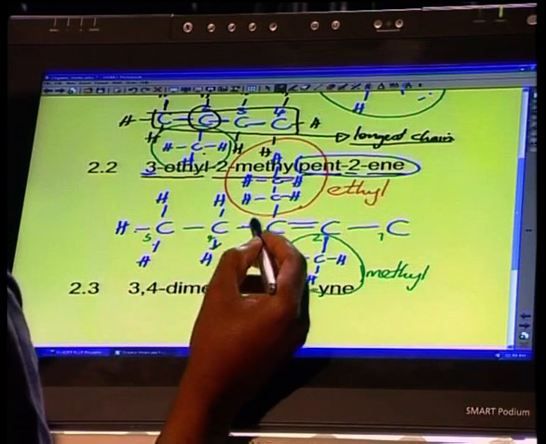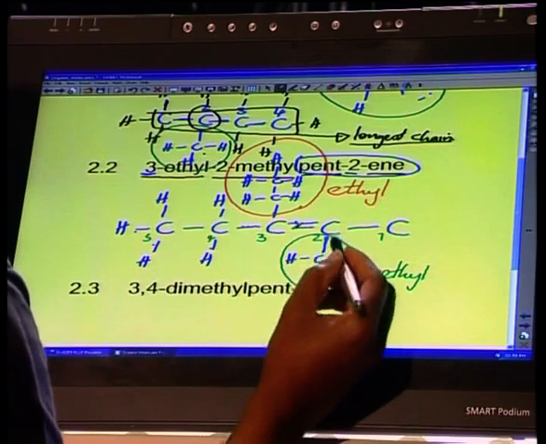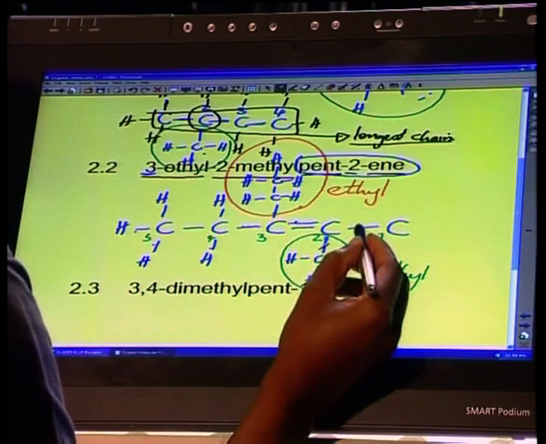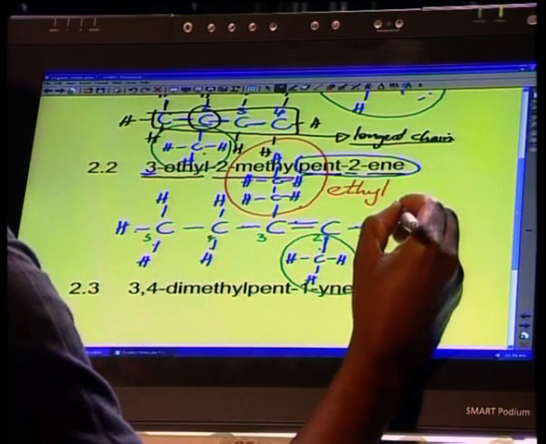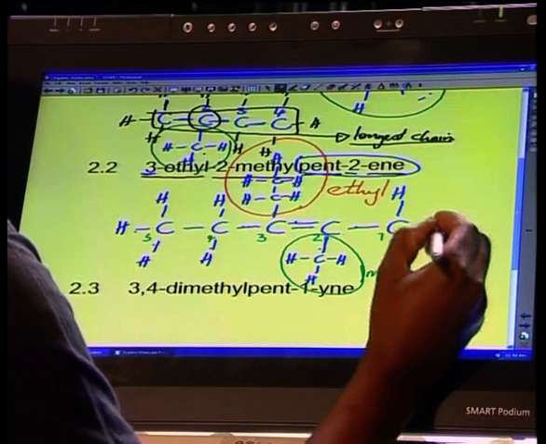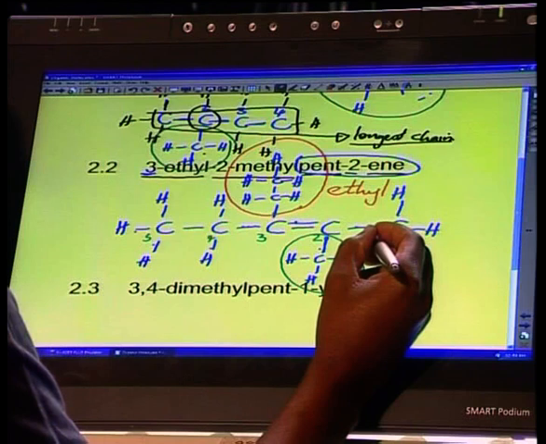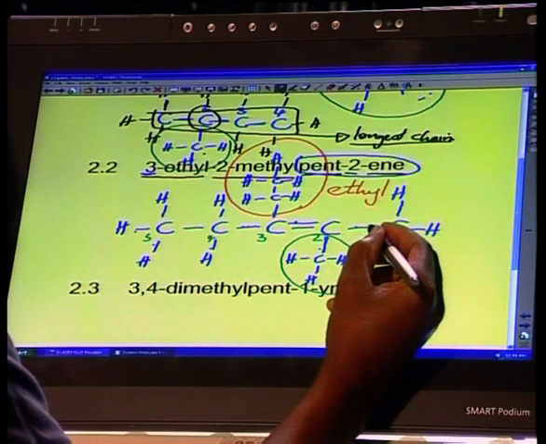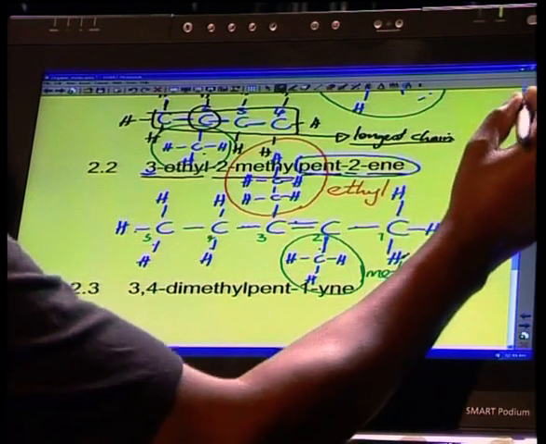Around carbon number 3, 1, 2, 3, 4. Around carbon number 2, 1, 2, 3, 4. And number 1, there we go. We have CH3 there. There's 1, 2, 3, 4. So that has to be drawn like that.